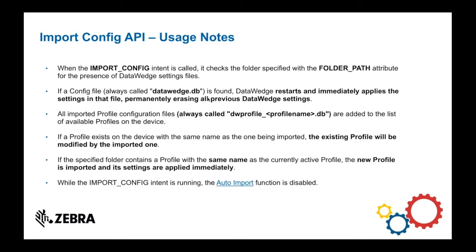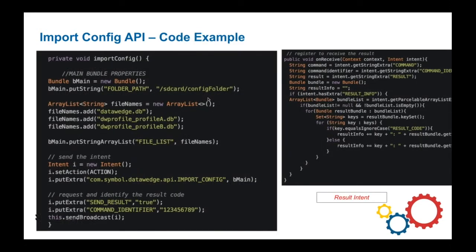So how do you do this? Here is not so hairy a piece of code, just a small piece of code. I'll walk through it really quick. This one is saying, here is the folder you should look at, the SD card config folder, and here are the files I want to import. The first one is that datawedge.db, which is the overall settings configuration.